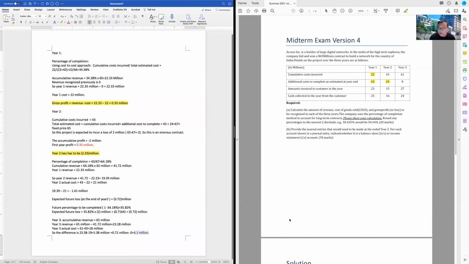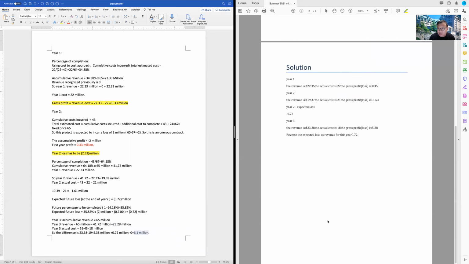So just give me 1 second. So this answer here, the revenue is 3.35. So 0.05. This is about the rounding, right? I got 22.33, and this number is 22.35. So it's about the rounding.